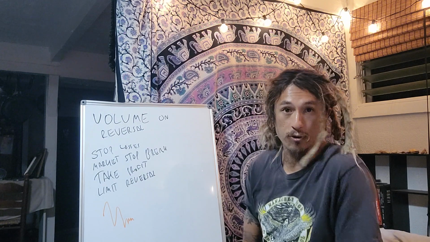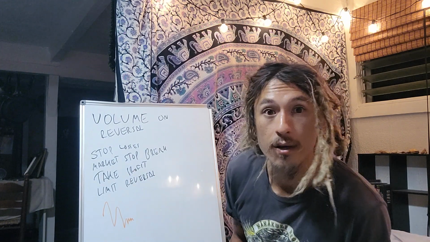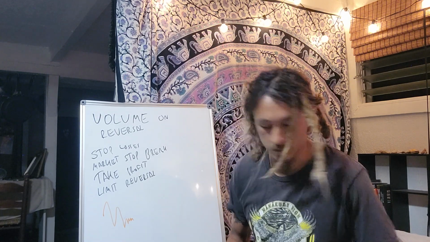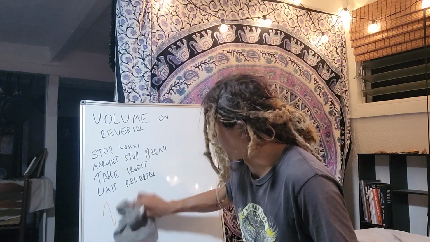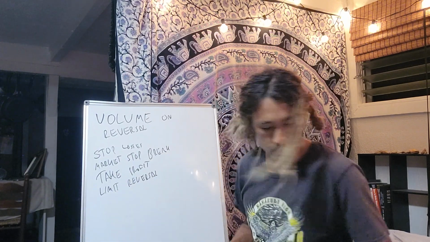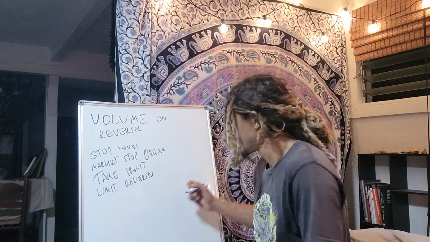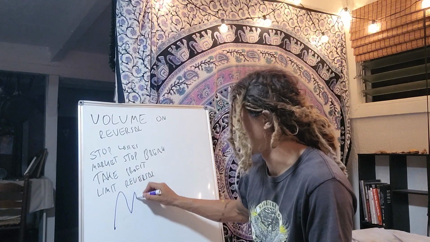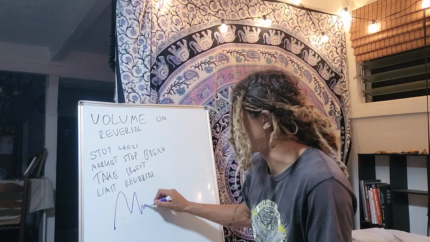I'm interested in trading both ways on Bitcoin and ETH. I know that probably doesn't show up super well, so let me actually redo this with purple or blue so you can see it better. So, okay, we have a high, low, lower high, lower low, going into a consolidation.